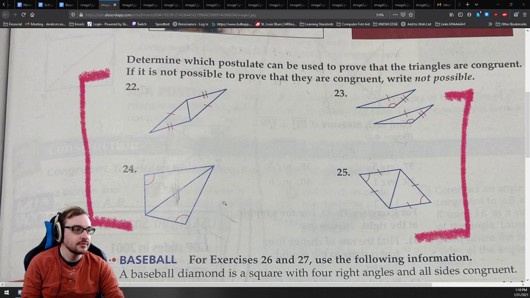24. Do we have enough? And if so, what's the reason? Or right off the bat, what do you notice?